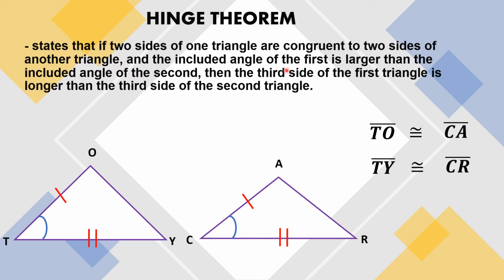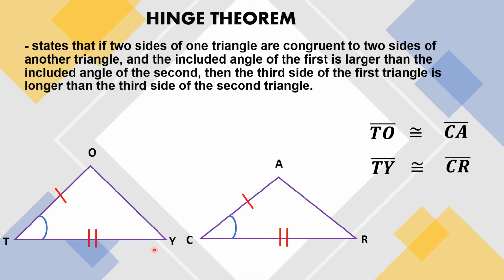And then, let's have the next part. The included angle of the first is larger than the included angle of the second. We have discussed before what an included angle is. To recall, the included angle is the angle between the two given sides. For example, in triangle TOY, we have side TO and side TY.